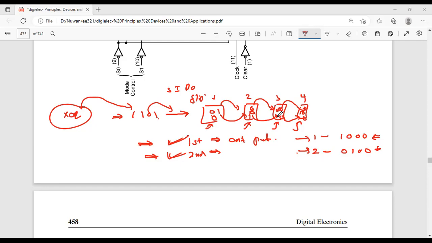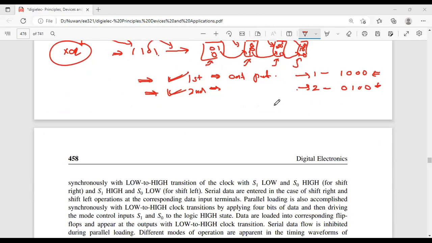I can't understand this. You mean these are the input, so if we are using SR flip-flops, these are the input? I couldn't get your question.